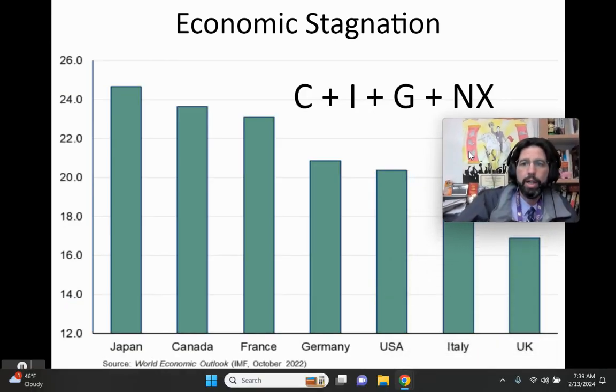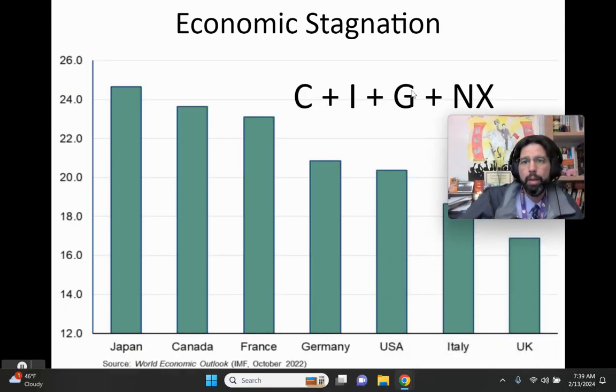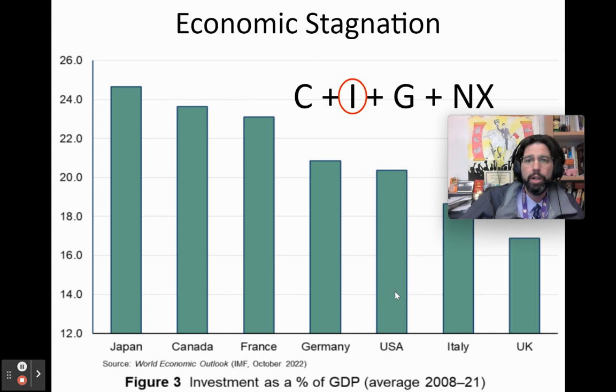And what a lot of people are looking at now is, remember, this is C plus I plus G plus NX: consumer spending, investment, government spending, and net exports. And we look at investment. Remember, investments are big-time purchases by companies to make sure their overall company is investing in the future.